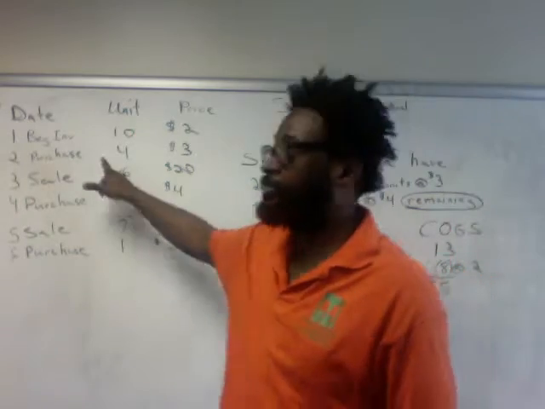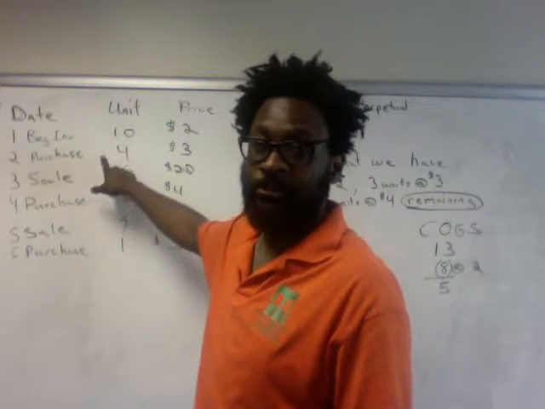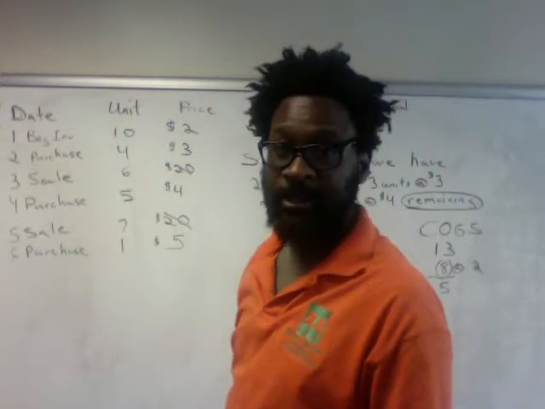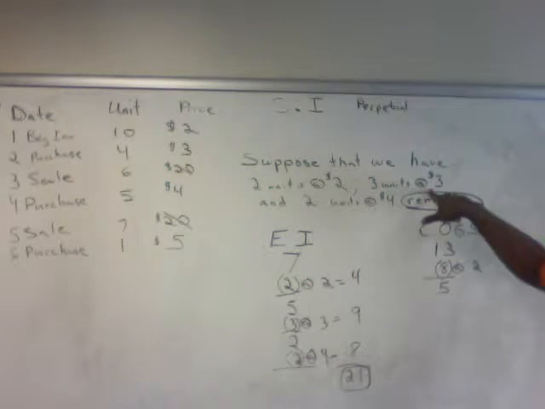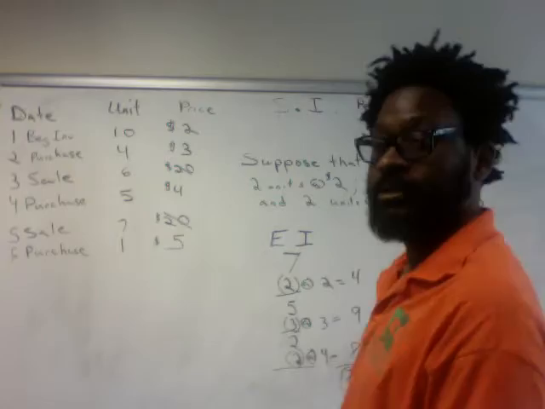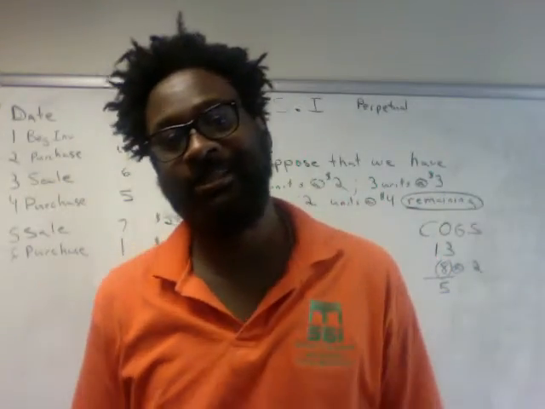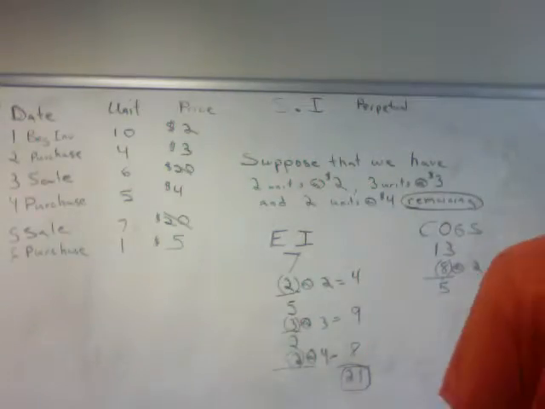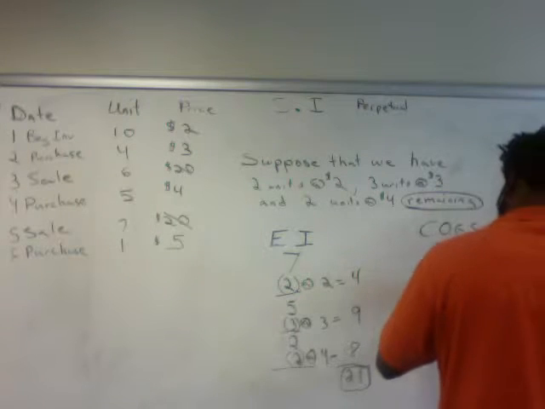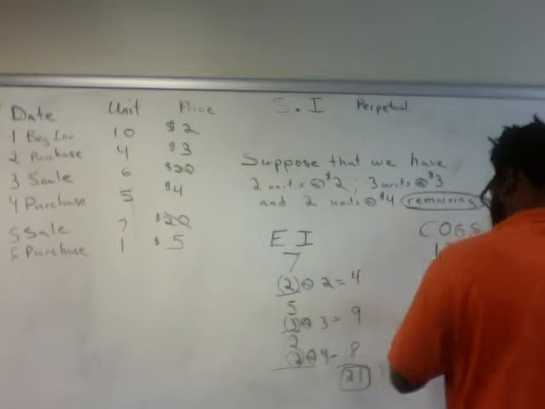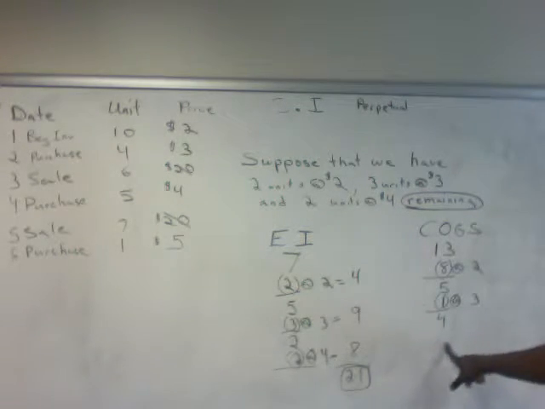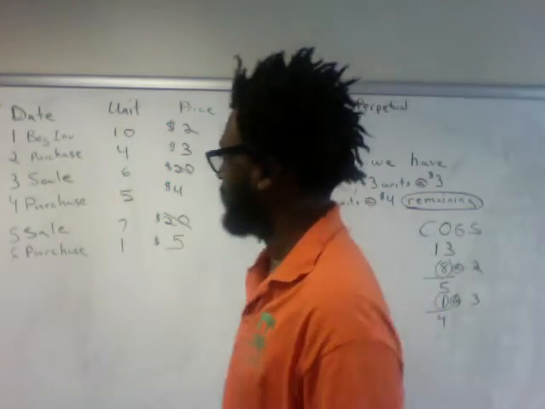And we go to our next purchase. We purchased 4 units at $3, correct? How many units at $3 do we have left? We have 3 units at $3. So how many units did we actually sell? We actually sold 1 unit at $3. And so again, we need to find 4 more units.